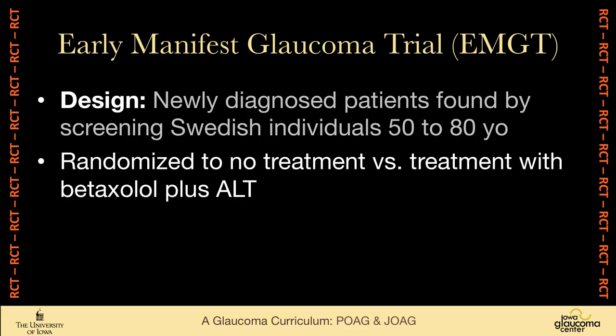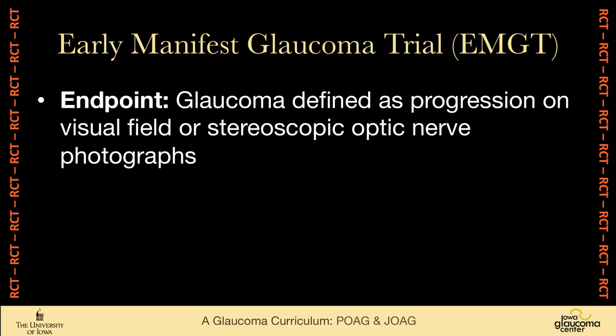And these individuals who were newly diagnosed were randomly assigned to either no treatment versus a prescribed treatment regimen of betaxolol plus argon laser trabeculoplasty. The endpoint was glaucoma defined as progression on visual field or optic nerve head photographs.